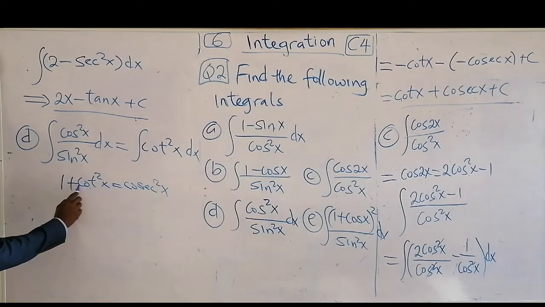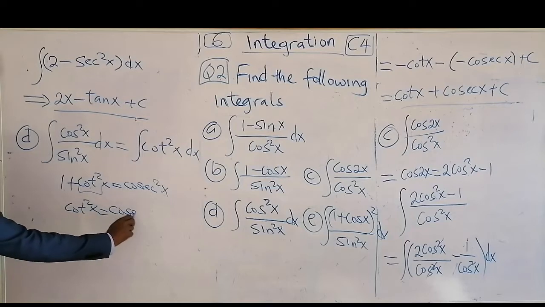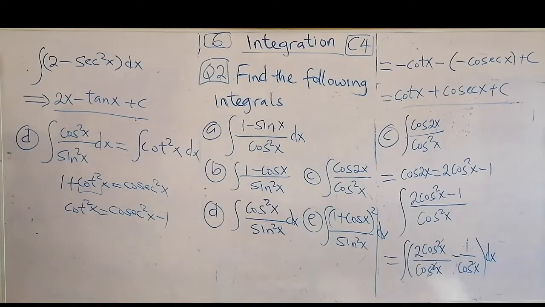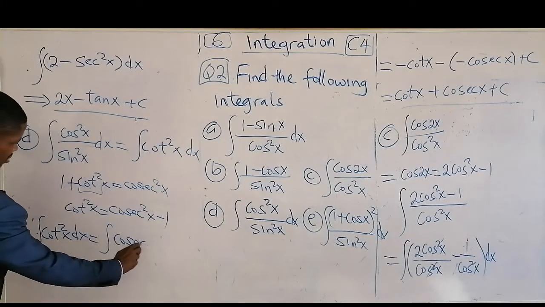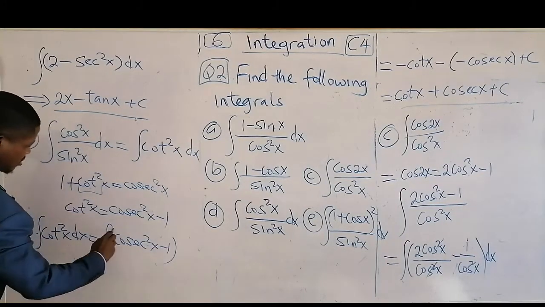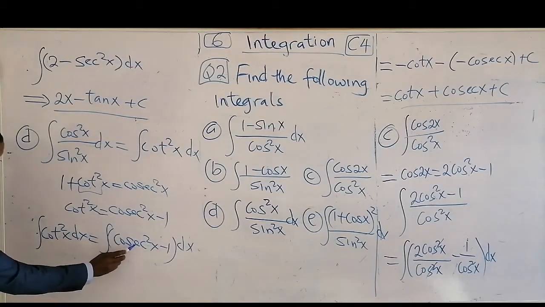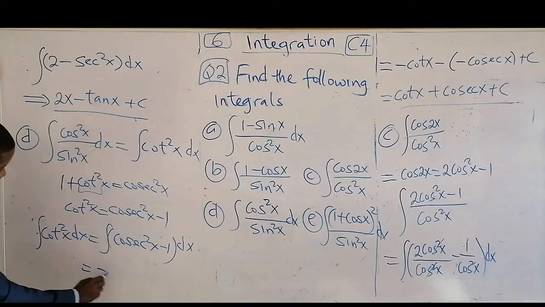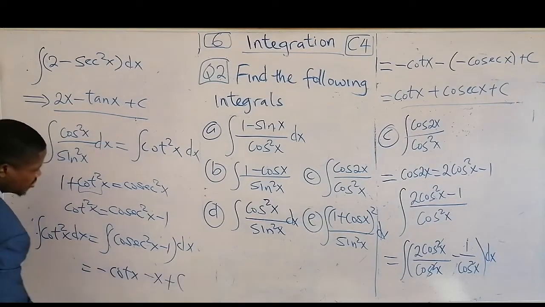Making cot square x the subject, it is equal to cosec square x minus 1. So the integral is cosec square x minus 1 dx. The final answer would be minus cot x minus x plus c.